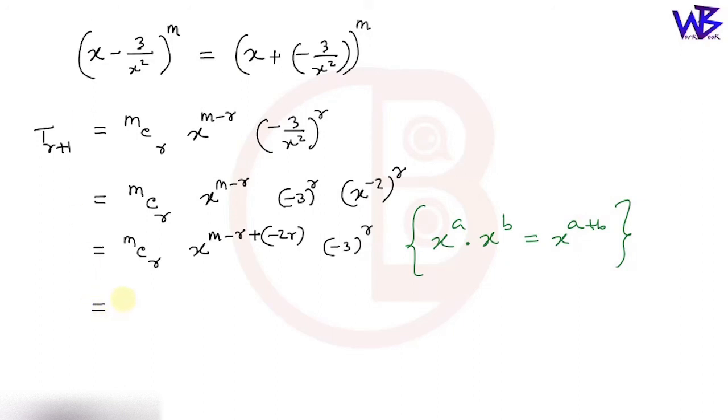So then I'll get mCr into minus 3 to the power r into x to the power m minus 3r.